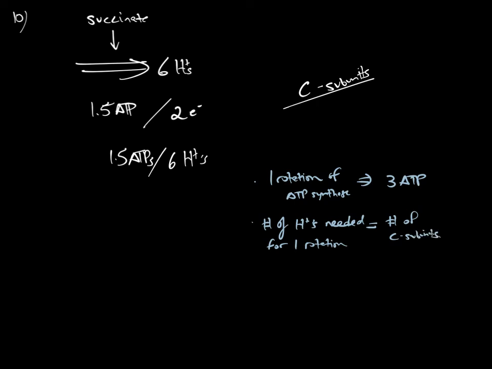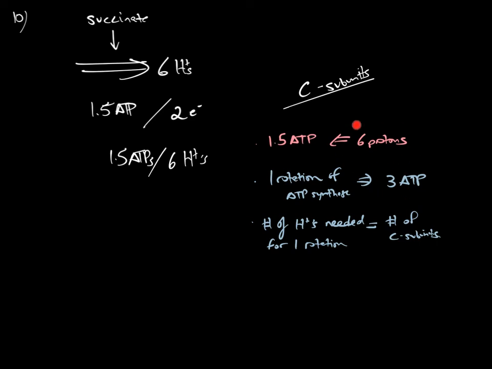And in this case, 6 protons can create 1.5 ATP. So with this much information, we can figure out the problem. Okay, so we know that 6 protons creates 1.5 ATP, and we know that one rotation makes 3 ATP.